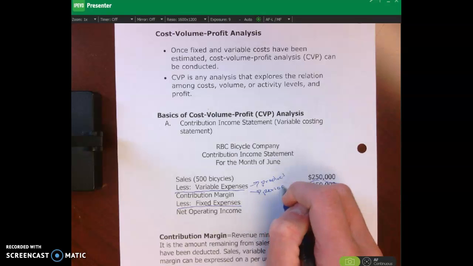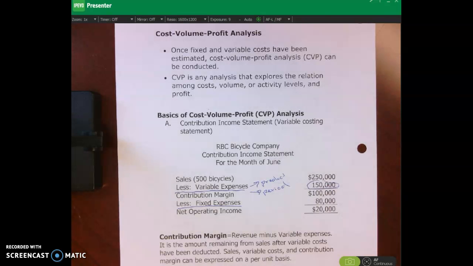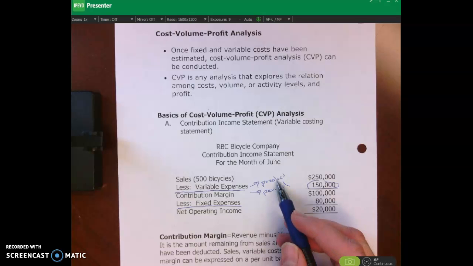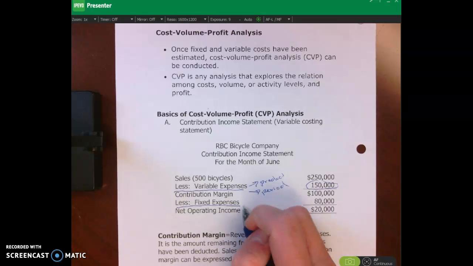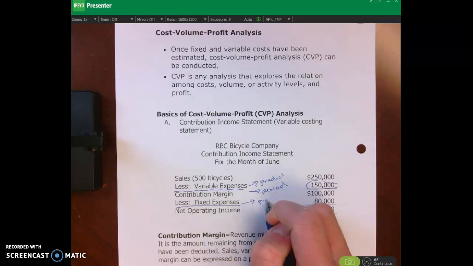Remember, product versus period cost is something we talked about in prior lecture videos. Product costs show up in cost of goods sold. They are expensed, that is, they show up on the income statement, when they are sold. Period costs, on the other hand, are expensed in the period in which they are incurred. Same thing over here: product and period.